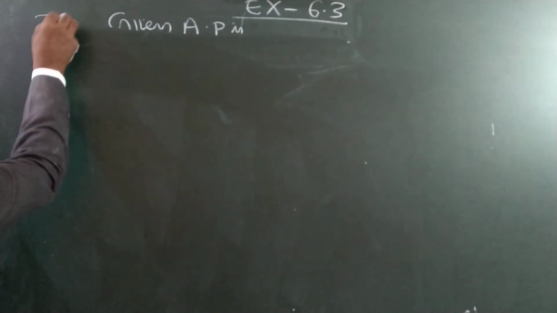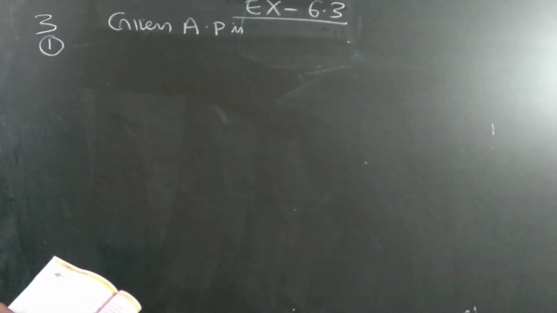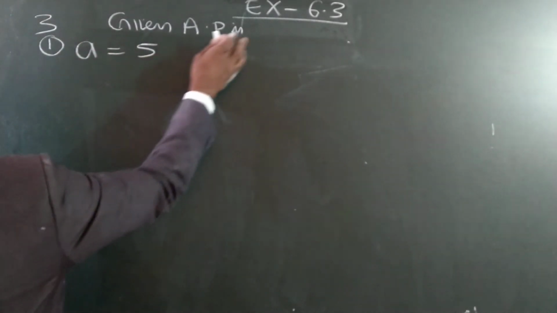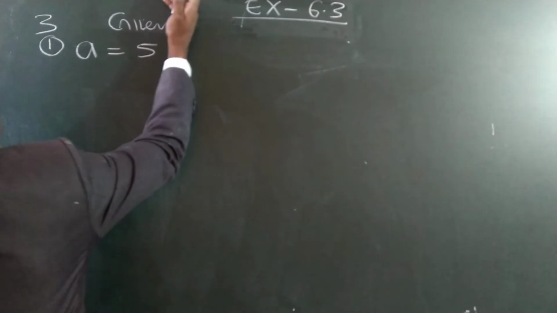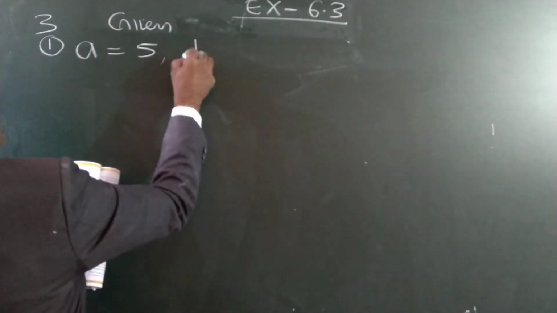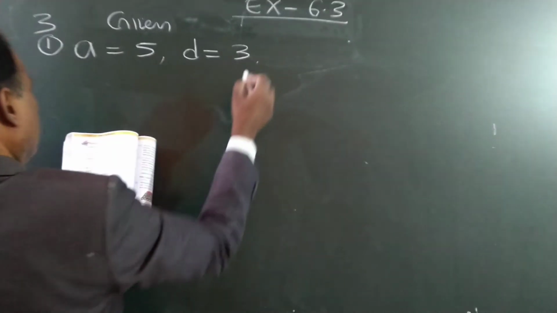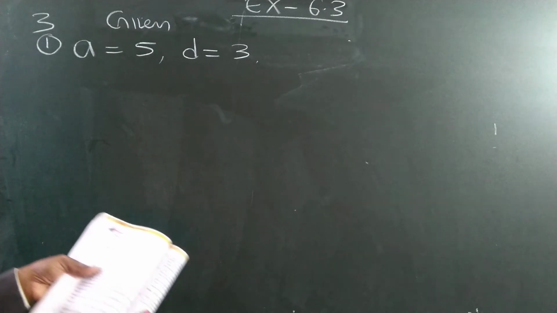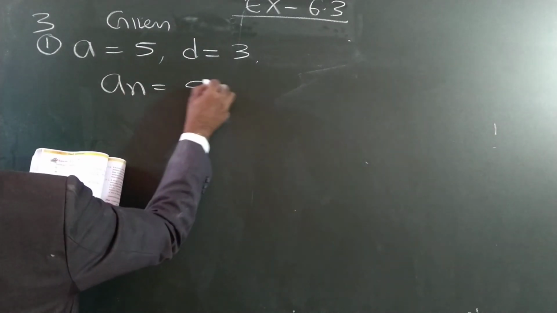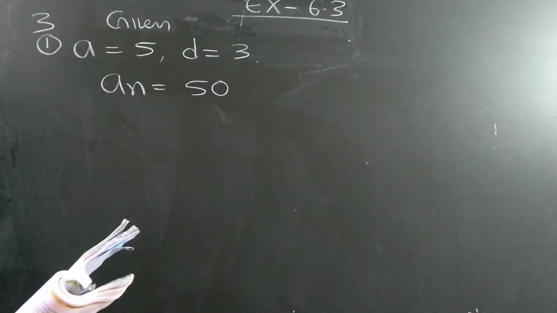See, third question, first bit. a is equal to 5 is given. d is equal to 3 is given. an is equal to 50 is given. a is given, d is given, an is given.